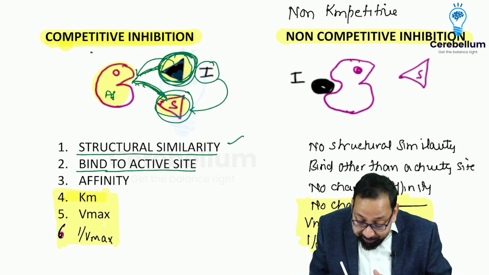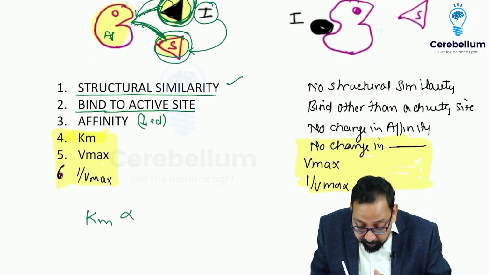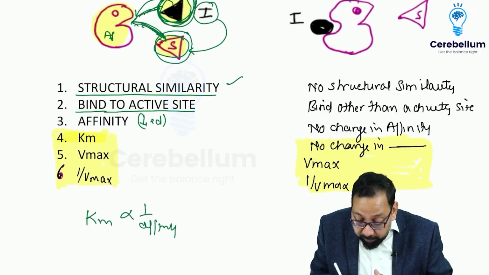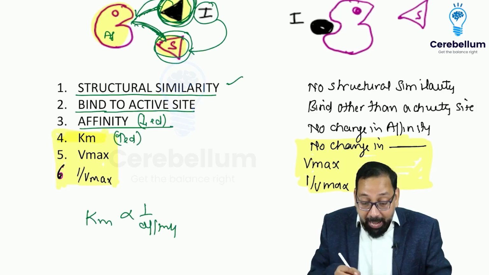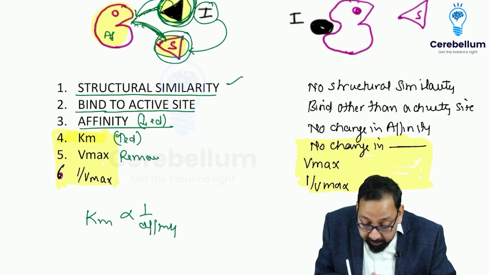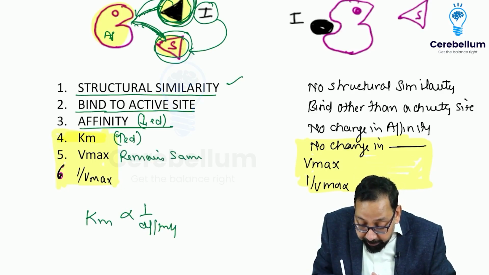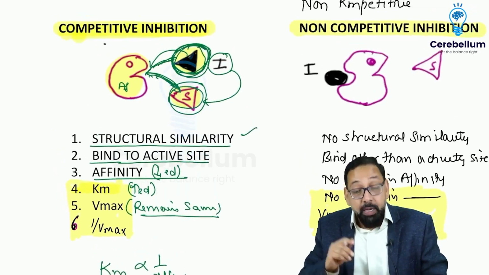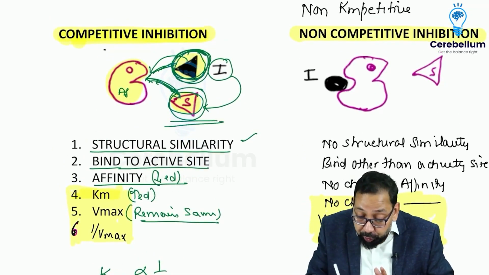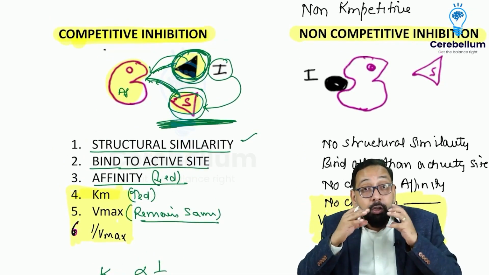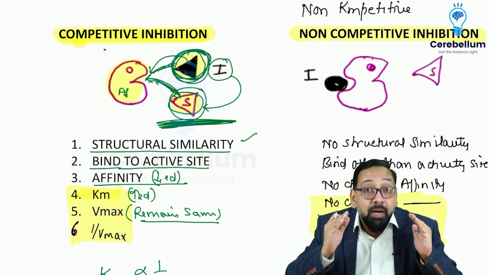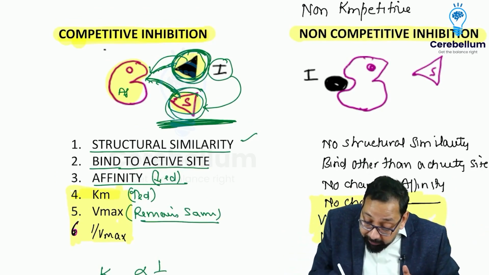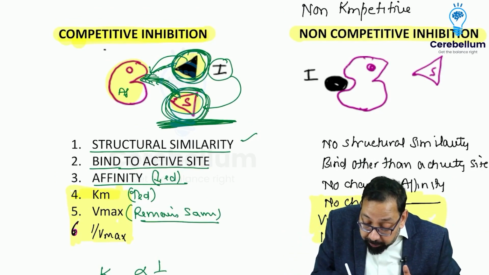So in competitive inhibition, affinity decreased, and you know Km is inversely proportional to affinity. So if affinity decreased, Km increased. And Vmax remains same in competitive inhibition. Vmax remains same. What does it mean? If I increase substrate concentration to 10 times, 1000 times, infinite, there are chances that all active sites will be occupied by substrate.